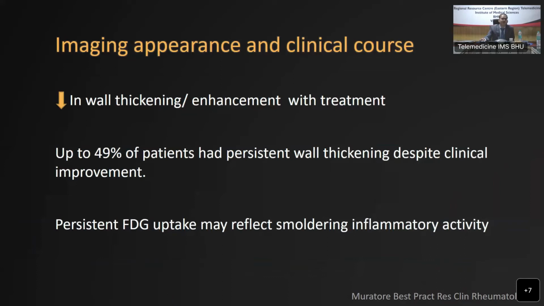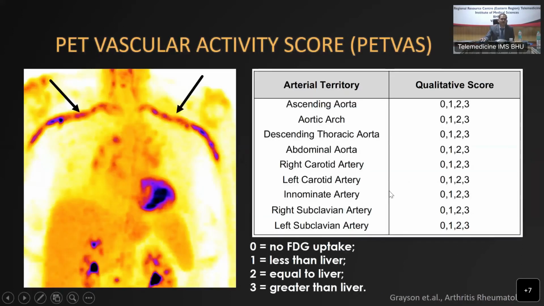With treatment, as I said before, you expect to see decrease in the wall thickening, decrease in enhancement. Up to 49% of the patients can have wall thickening despite clinical improvement. That is because improvement on imaging tends to lag behind the clinical improvement. And then if you see persistent FDG uptake, always think of smoldering inflammatory activity.